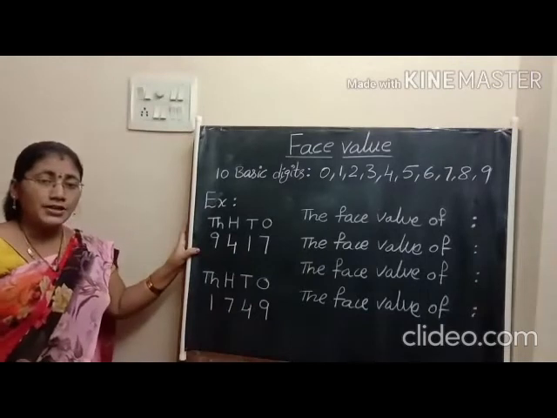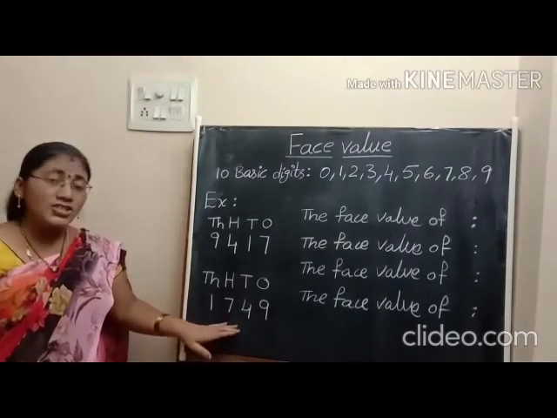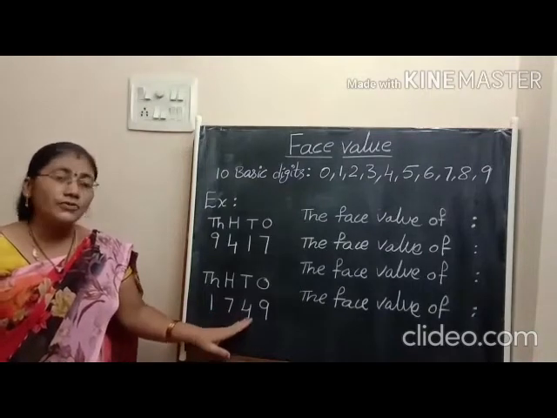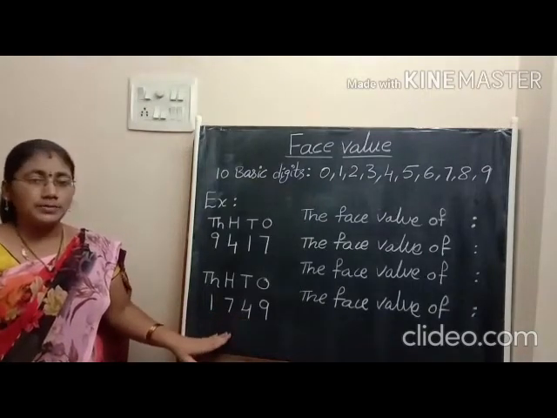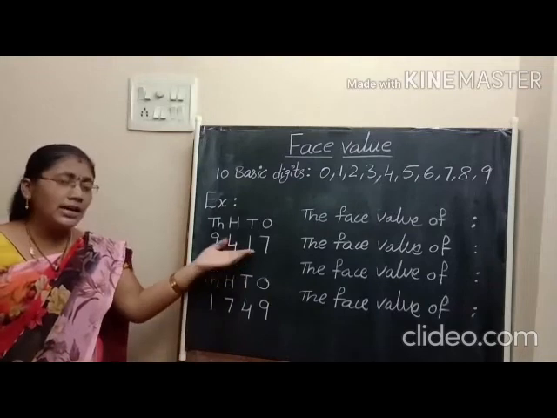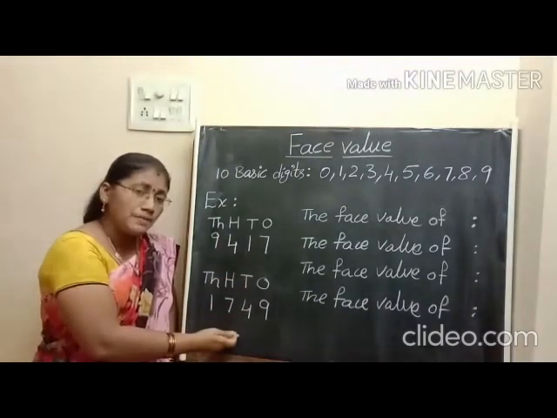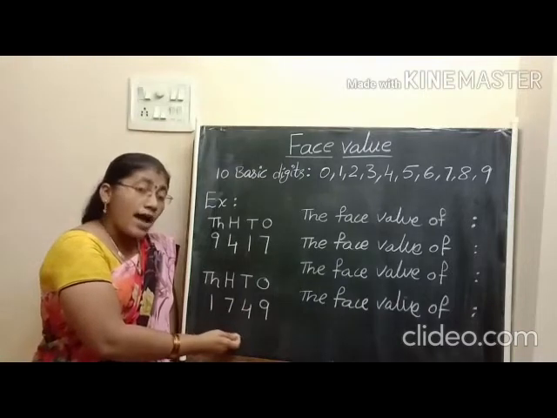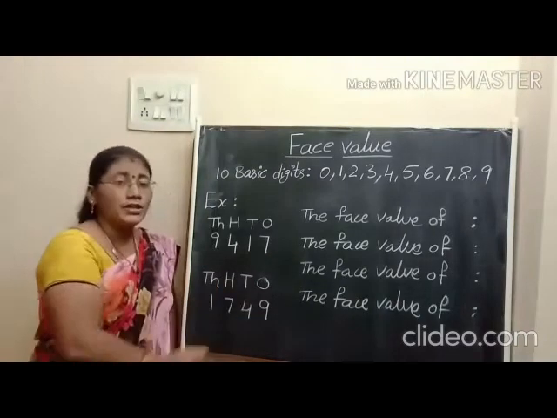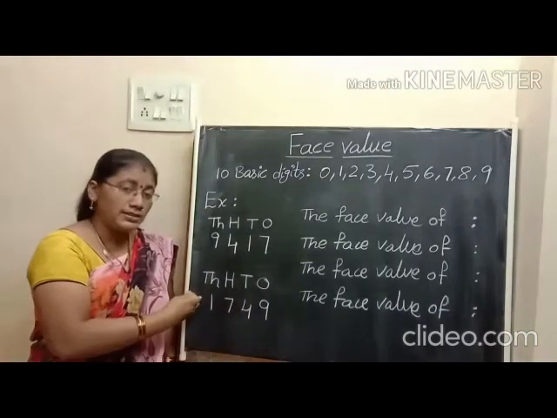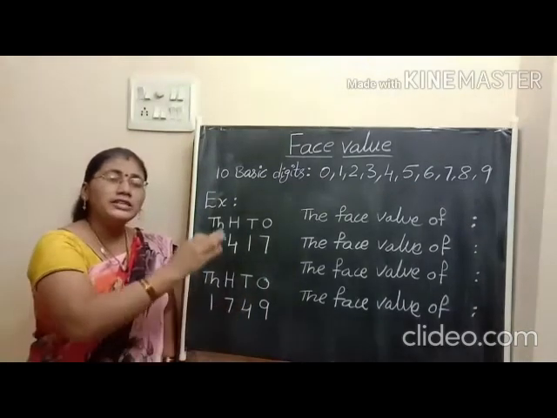Is it clear, children? I just changed the positions or places of these digits, but I used the same digits. Even by changing these places, we get the same face value.